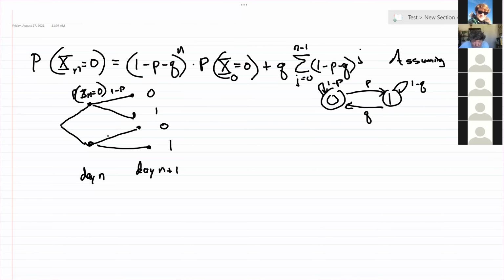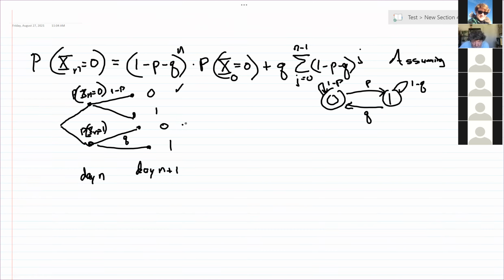What I need is this one. The chance that you're here is the probability that at time n you're at 1. And then the chance of being broken on the next day would be going from 1 to 0, which is Q.